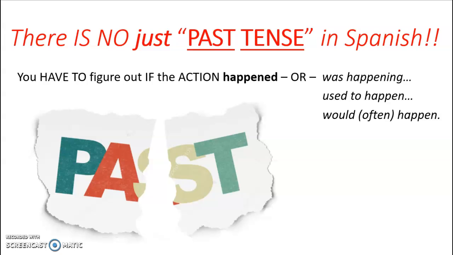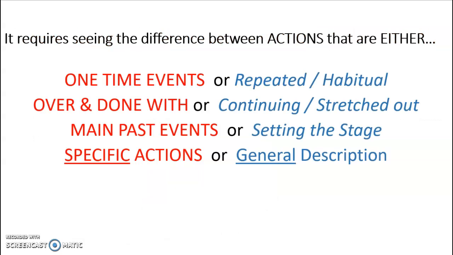And so you have to figure out if an action you want to deal with has either happened simply, or it was happening, used to happen, would often happen, or just would happen frequently, right? And you're dealing here with the difference between the actions of various different kinds of sides of the coin.